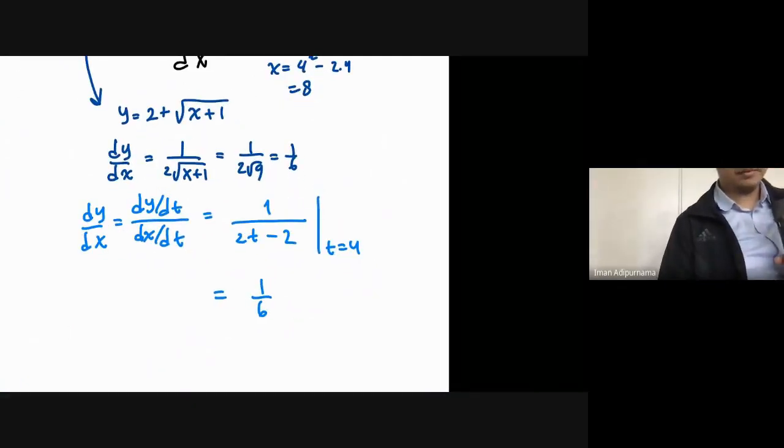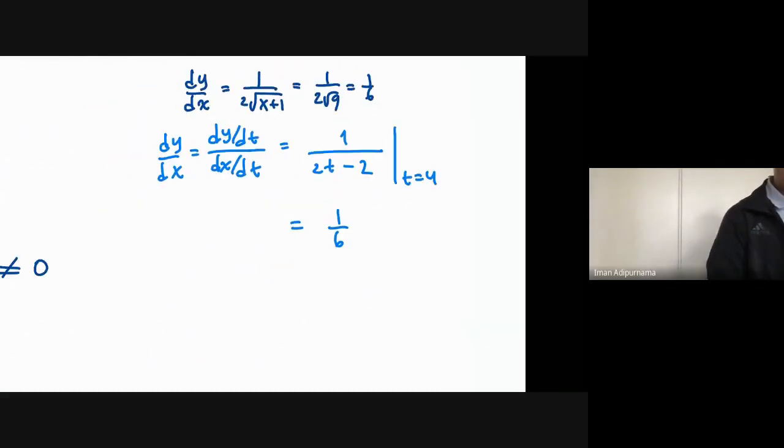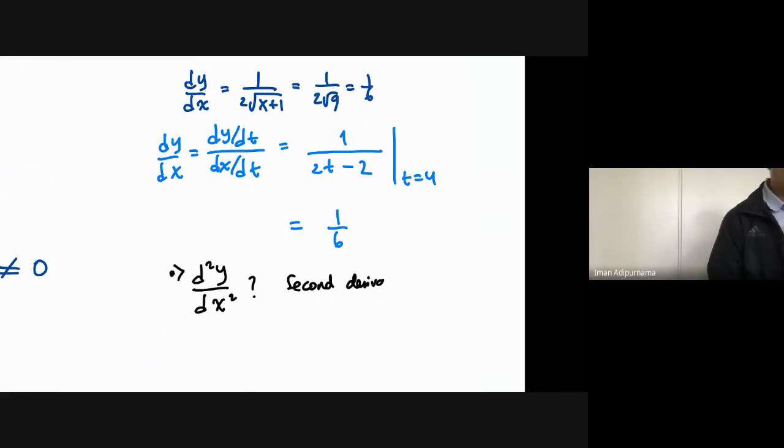Now let me add the question: what is the second derivative? The first question is dy over dx, no problem. We get 1/6 with both of our approaches. And what is the second derivative?